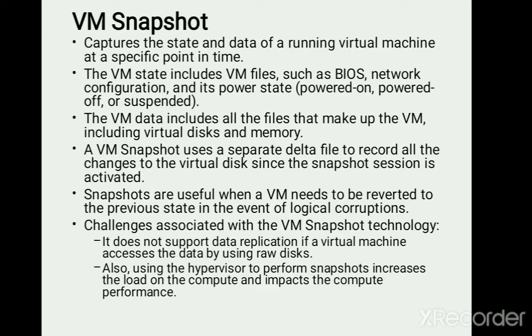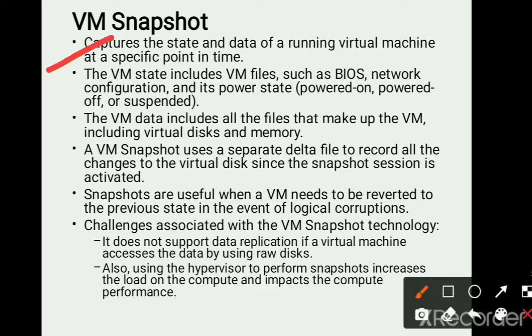This is used whenever we want to copy the data onto another virtual machine, or get back the data whenever there is a disaster. It captures the state and the data of the virtual machine running at a specific time. Now, what does this state include?